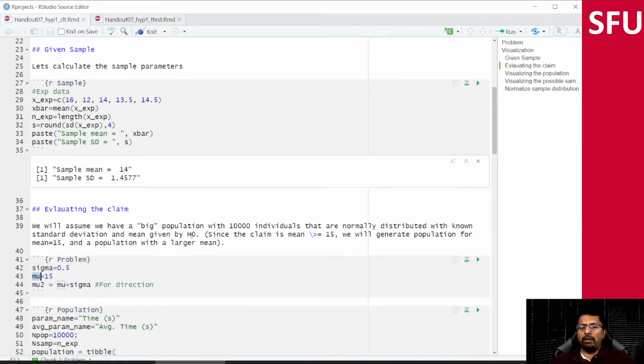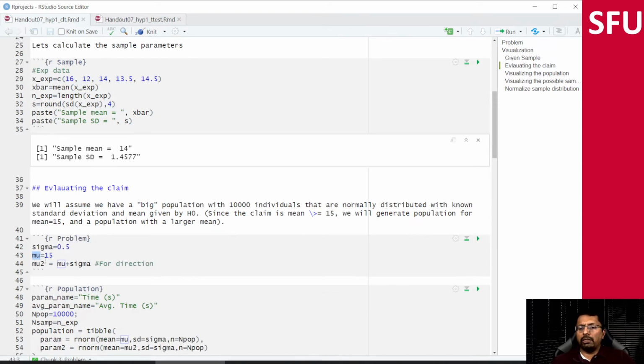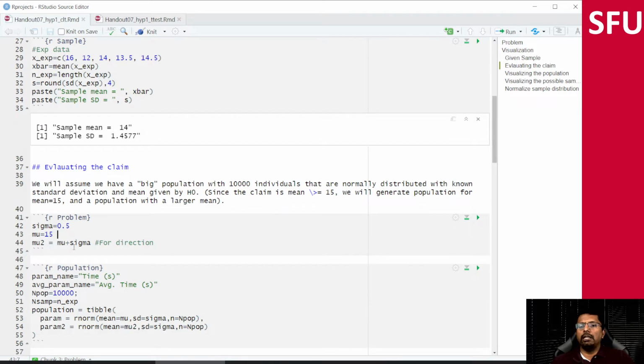And then to evaluate the claim of the null hypothesis, let's assume that it's indeed 15 seconds and see what the population is. Because the claim is actually that it's greater than or equal to 15 seconds, we're going to have another mean which is a little bit higher than the null hypothesis, just to see what the effect would be if you look at a higher mean.